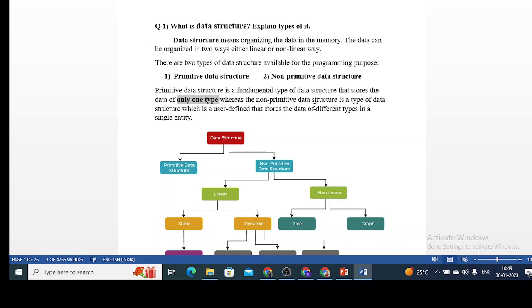Whereas the non-primitive data structure is a type of data structure which is user defined, and here you are going to store a collection. This is a way, or you can say a trick, by which you can remember: primitive केवल one, केवल एक ही आप उसमें डेटा स्टोर कर सकते हो. Whereas non-primitive there will be a collection of entities, collection of data. For example, you can say array, stack, queue, linked list.